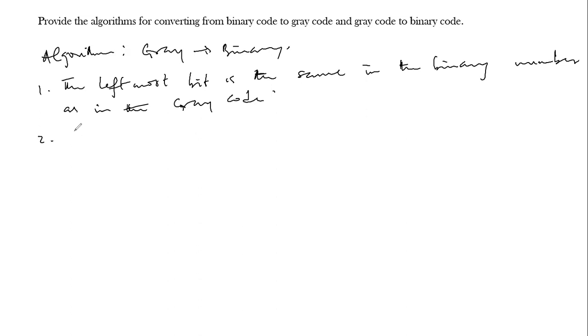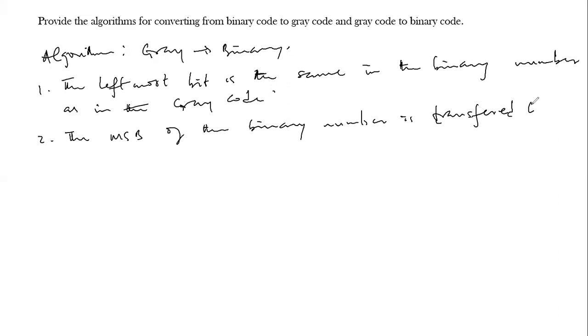And then the second point is that the most significant bit of the binary number is transferred to the top of the second most significant bit of the gray code.